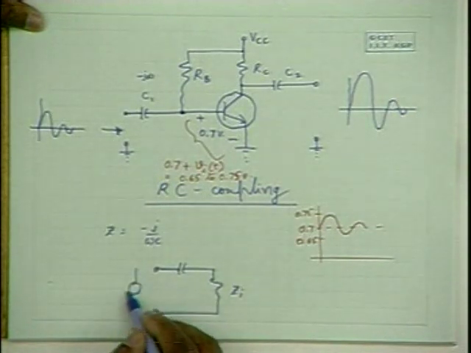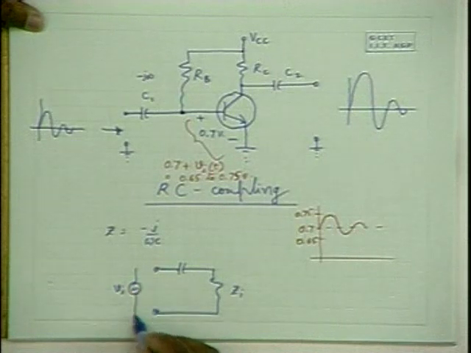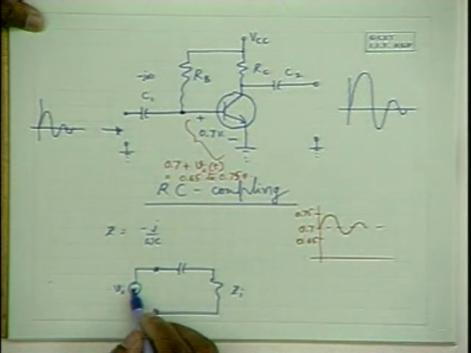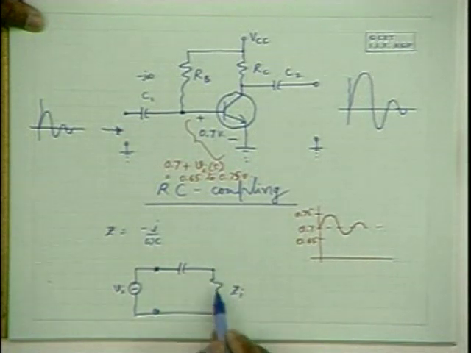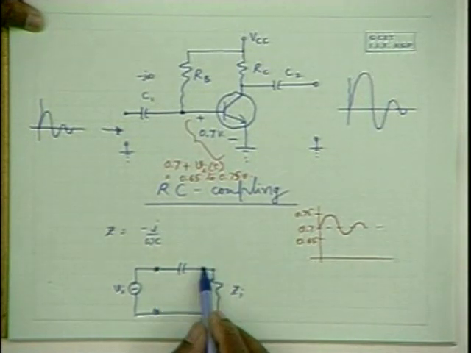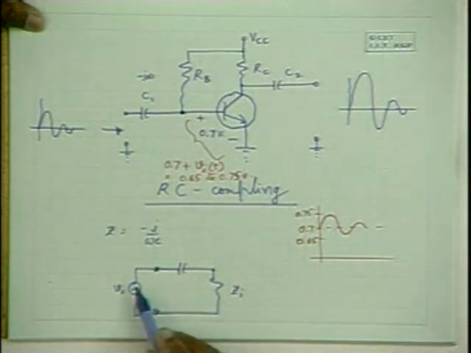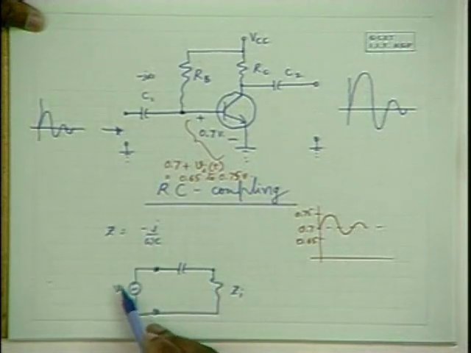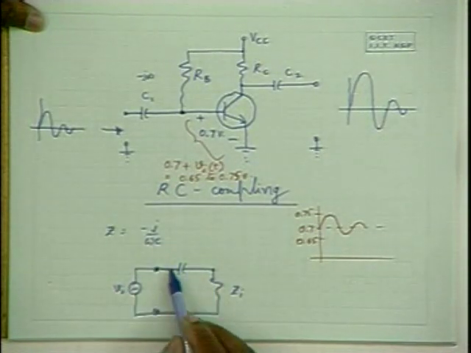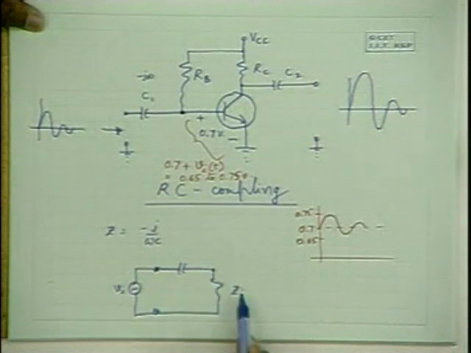And when you apply a voltage source over here, this voltage is getting divided between this impedance and this impedance. If this is negligible, of course, this entire voltage passes to the amplifier itself. But at very low frequencies, this impedance may also be as high as this one.